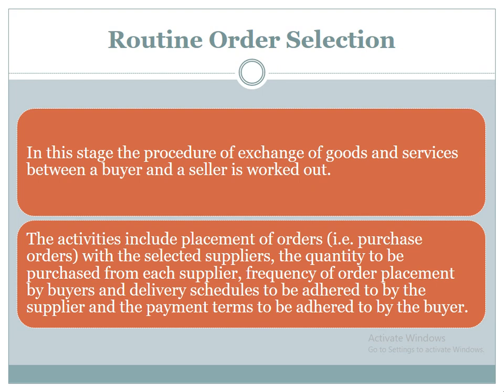The activities include the placement of orders, that is purchase order, with the selected suppliers, then the quantity to be purchased from each supplier, frequency of order placement by buyers and delivery schedules to be adhered to by the supplier and the payment terms to be adhered to by the buyer. The user department would not be satisfied until the supplier delivers the required items as per the delivery schedule and with acceptable quality.